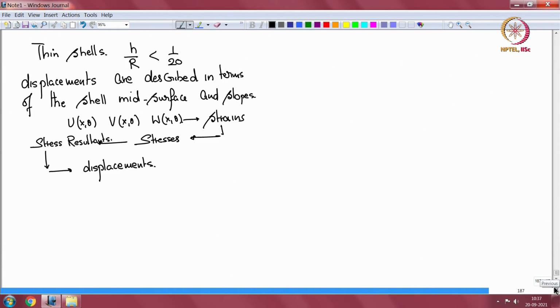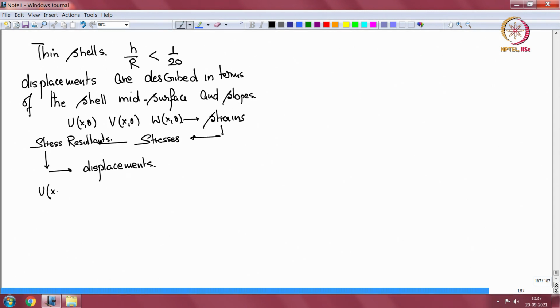So if we put back the displacements into these 3 equations, put the stress resultants in terms of displacements, how do we do that?